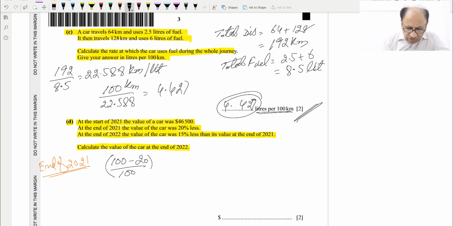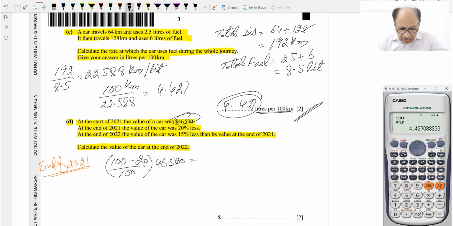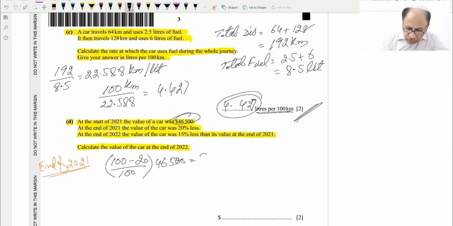This is the percentage decrease we are calculating, and the amount was 46500, so this will be 100 minus 20 over 100, multiplied by 46500, and this is giving 37200. This will be in dollars at the end of 2021.